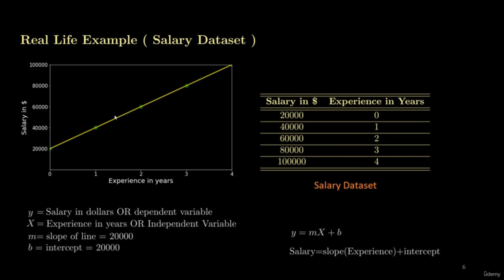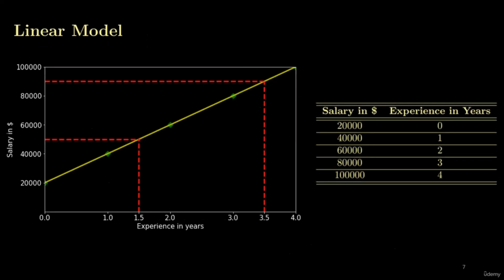Now, this straight line is also known as our linear model. So here is the straight line. It is not only a straight line, it is a linear model because it has learned a linear relationship between the independent variable and the dependent variable.